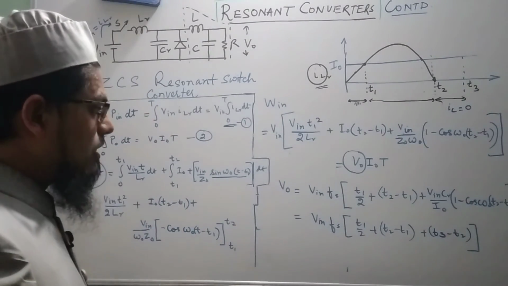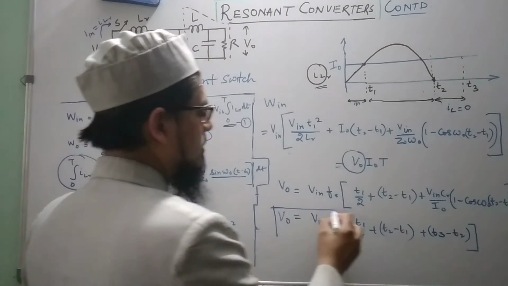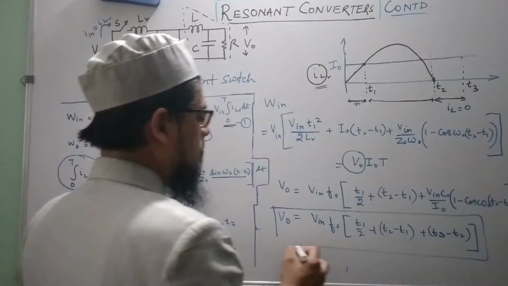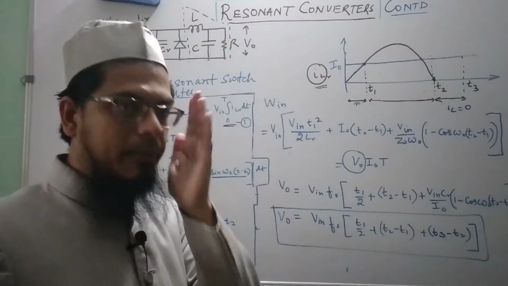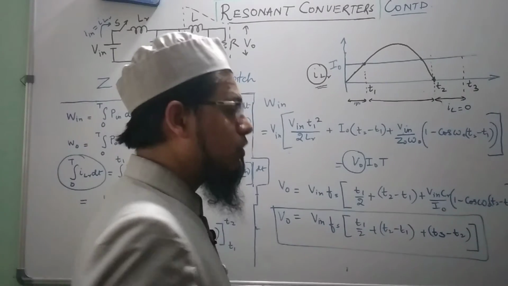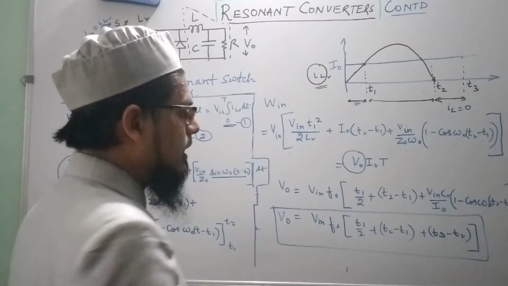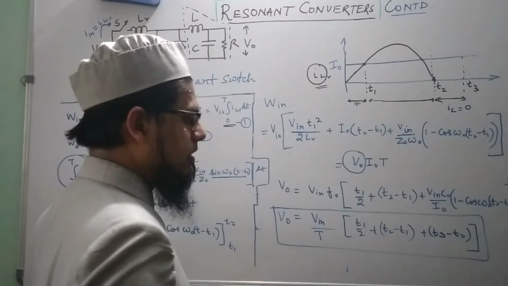Okay. So what is the observation that we can now deduce from this expression that we obtained for the output voltage? So output voltage depends on the input voltage, and will it be more than the input voltage or less than the input? You could see here that Fs is nothing but 1 by T, isn't it?